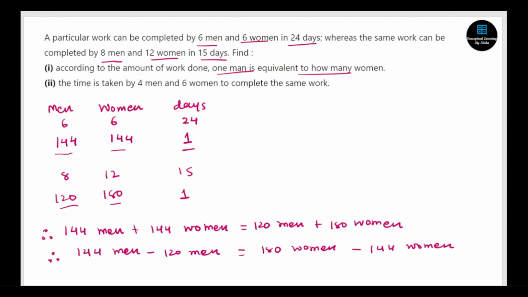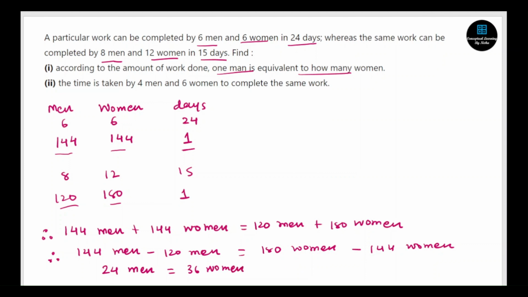Now when I solve this, what do we get? 24 men equals 36 women.